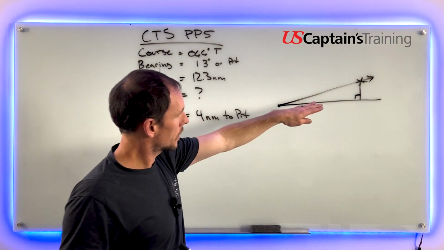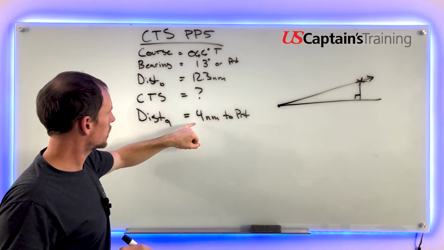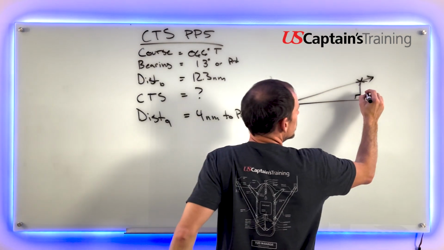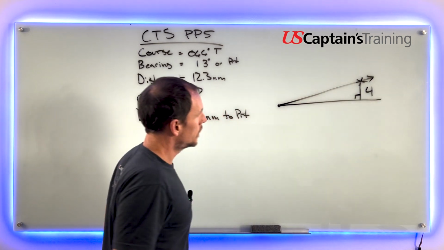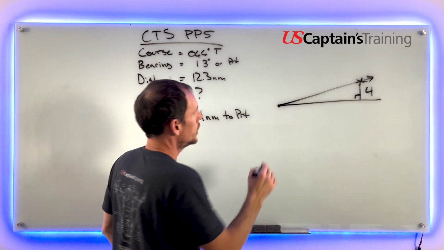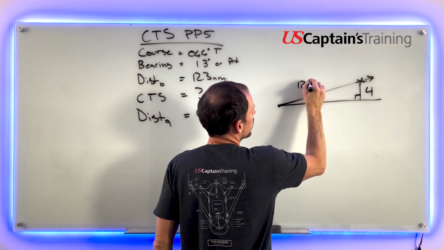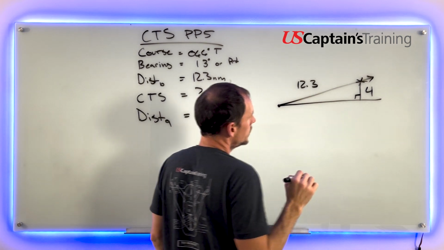And then it gave us a couple of these lengths, right? Distance of beam was 4 miles. That's 4. And the distance to the bearing was 12.3. So when we sighted that thing, it's 12.3 away. This is 12.3.